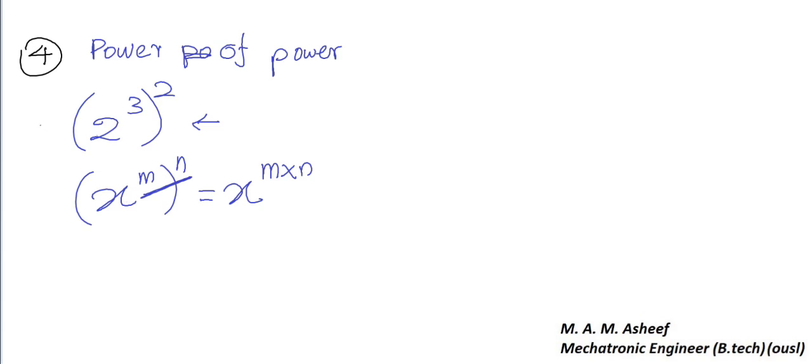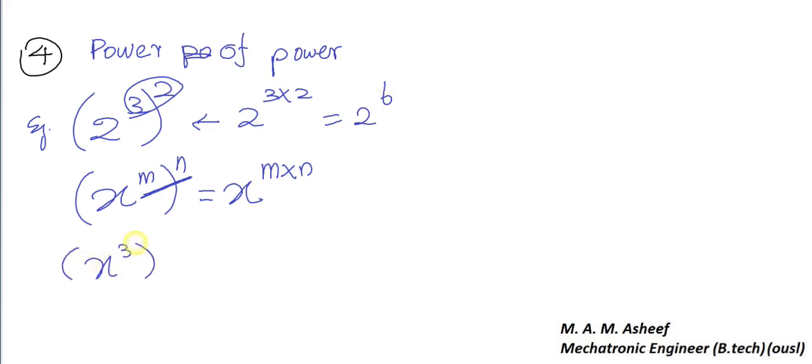For example, this will be 3 times 2, these two powers will get multiplied, that is 2 to the power 6. So x to the power 3 to the power 5 means x remains same, these two will get multiplied, then 3 times 5 is 15. So this is the fourth one.